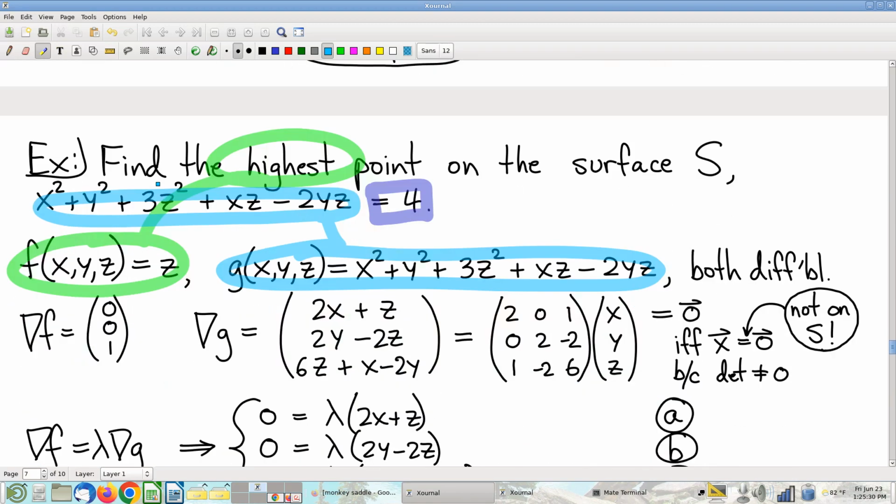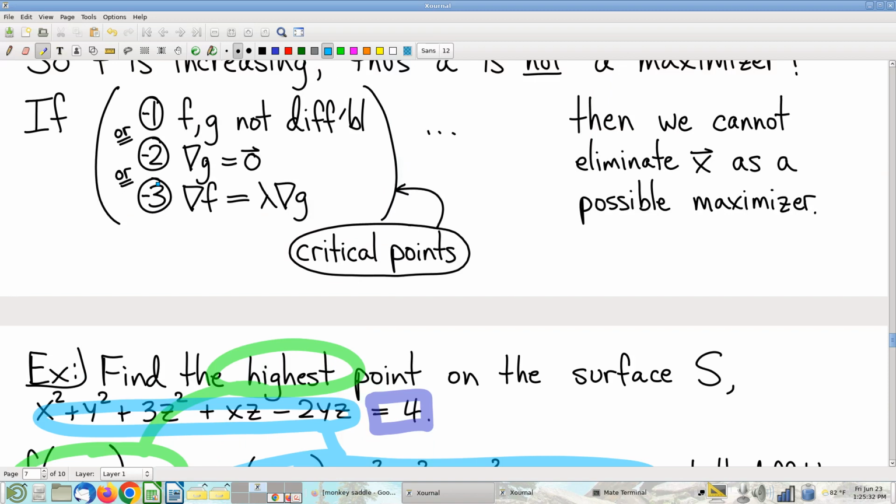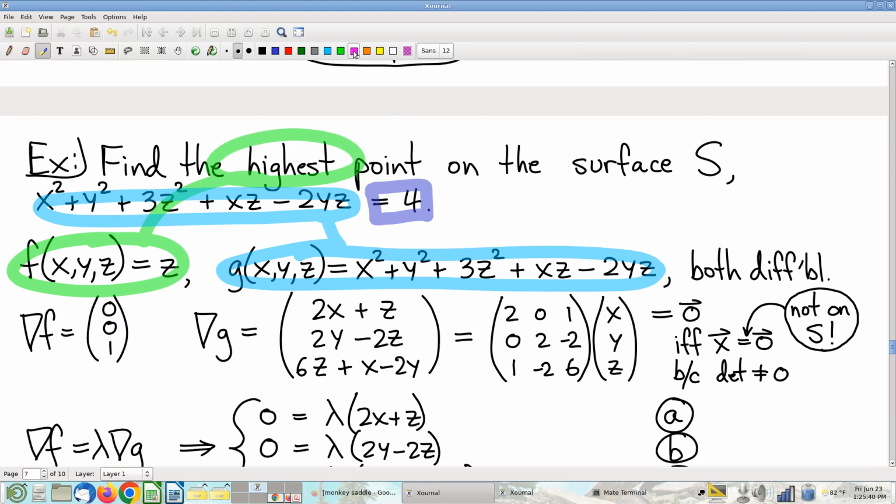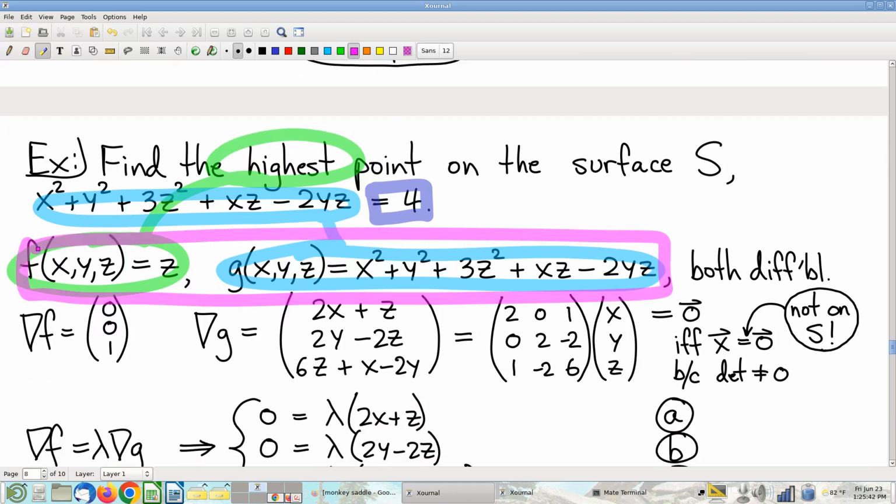And here we go. First condition, I need to check differentiability. So looking at these two functions, notice both of these functions are polynomials. Polynomials are differentiable everywhere. Just from an exam grading standpoint, just say differentiable.